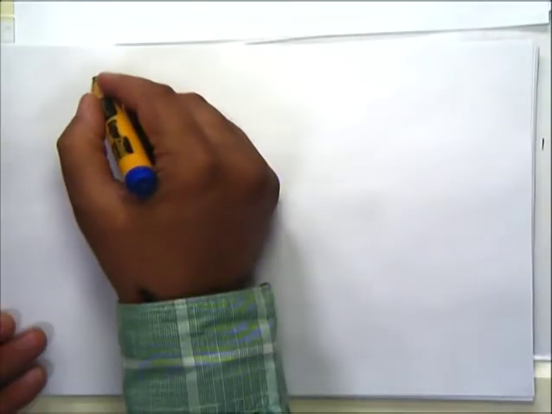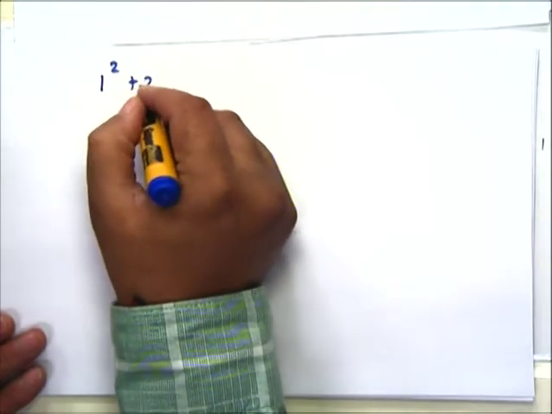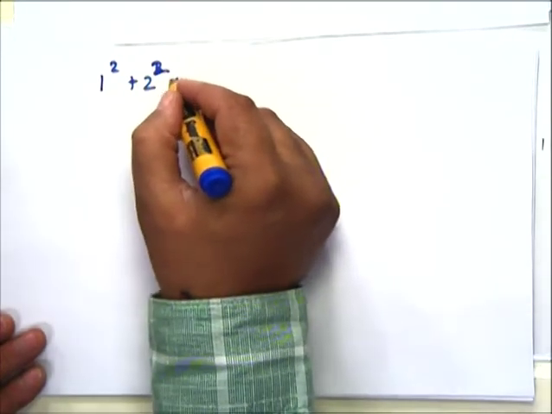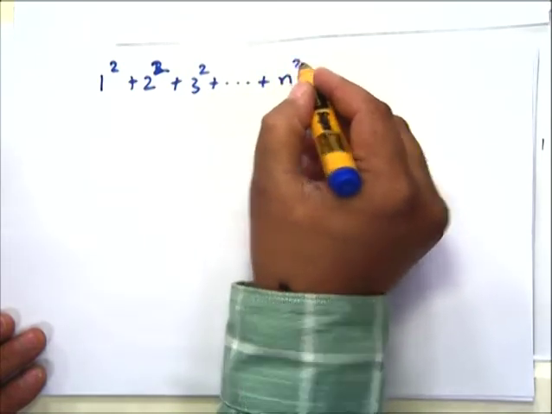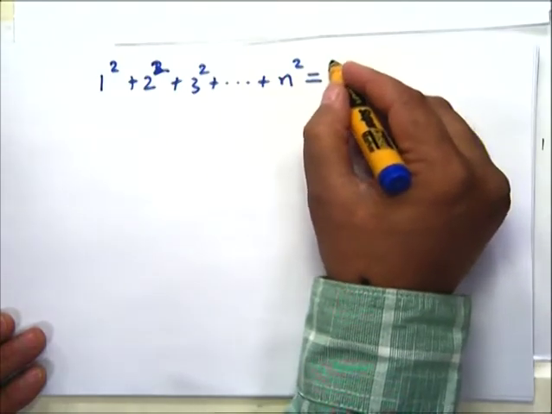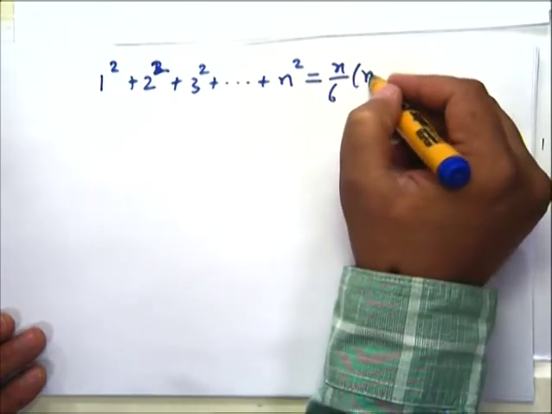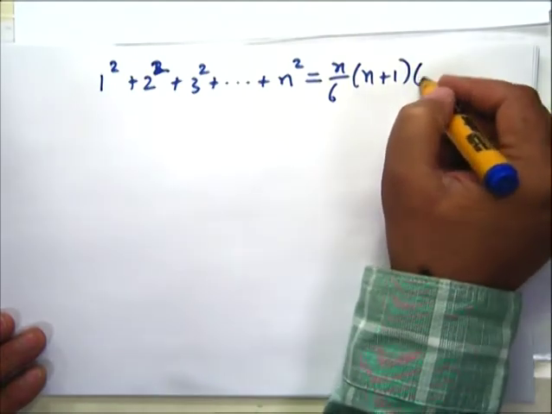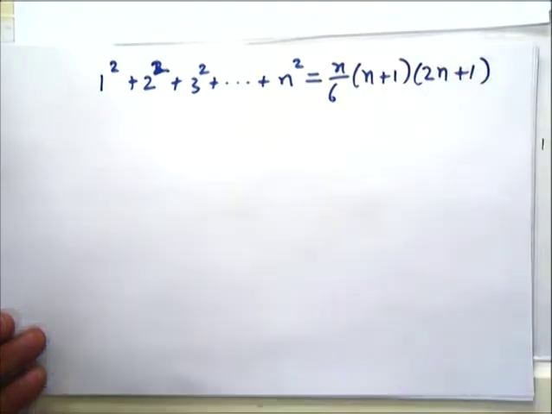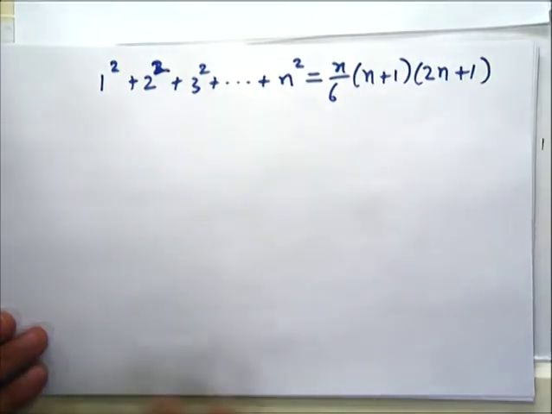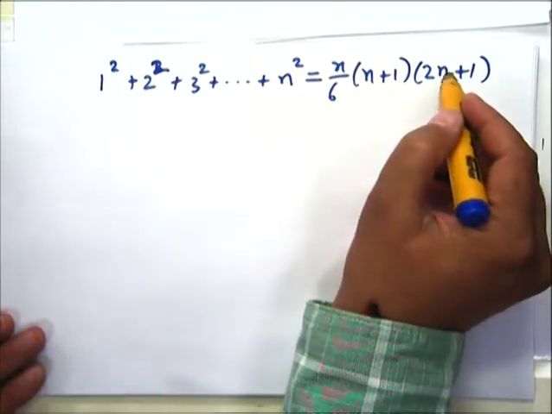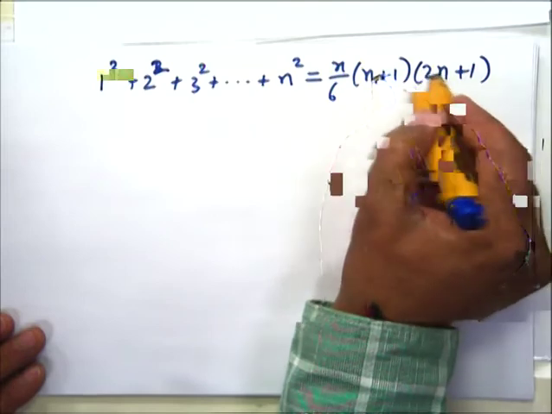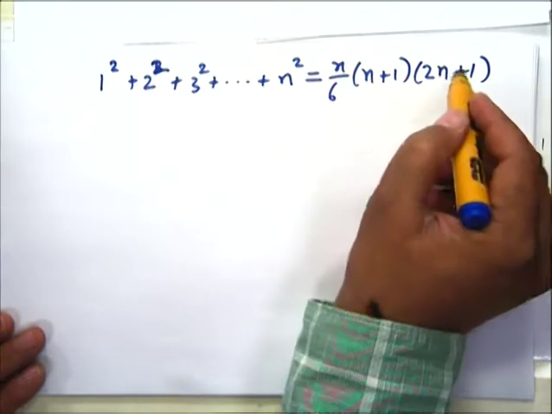Our formula is 1 square plus 2 square plus 3 square up to n square, and the formula is n by 6 into n plus 1 into twice n plus 1. So just like the last formula, here n, another n and another n. So we have 3n. So we must have n cube in the denominator. n, n, and n.